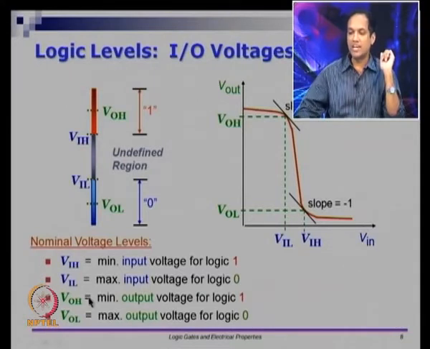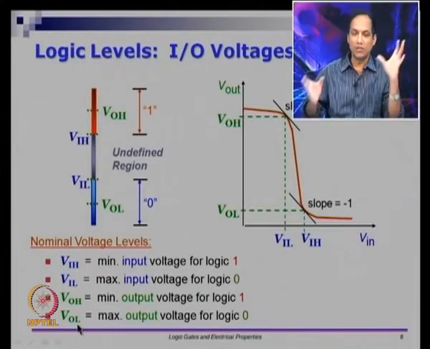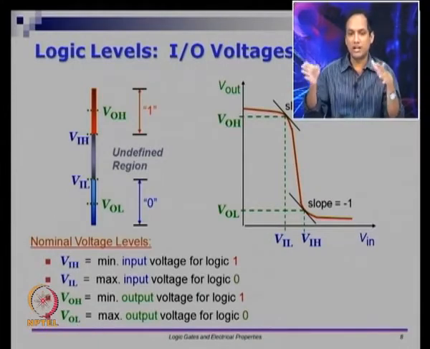So remember, VIH, VIL, VOH, VOL are defined with respect to either the input side or the output side. You are looking at a gate, but not in isolation. This gate is going to derive inputs from some other circuitry, and it is going to drive some other gates.